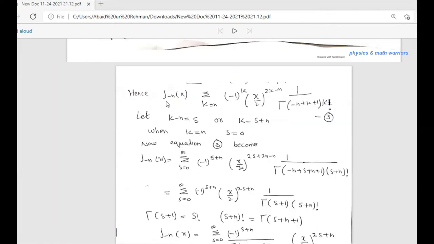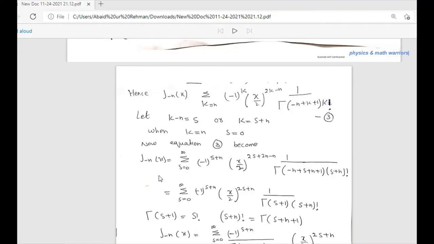Hence J minus n of x is equal to the summation k equal to n to infinity of minus 1 raised to power k, x over 2 raised to power 2k minus n, times 1 over gamma of k minus n plus 1 and k factorial. Let k minus n equal s, or k equal s plus n. When k is equal to n, s is equal to 0.